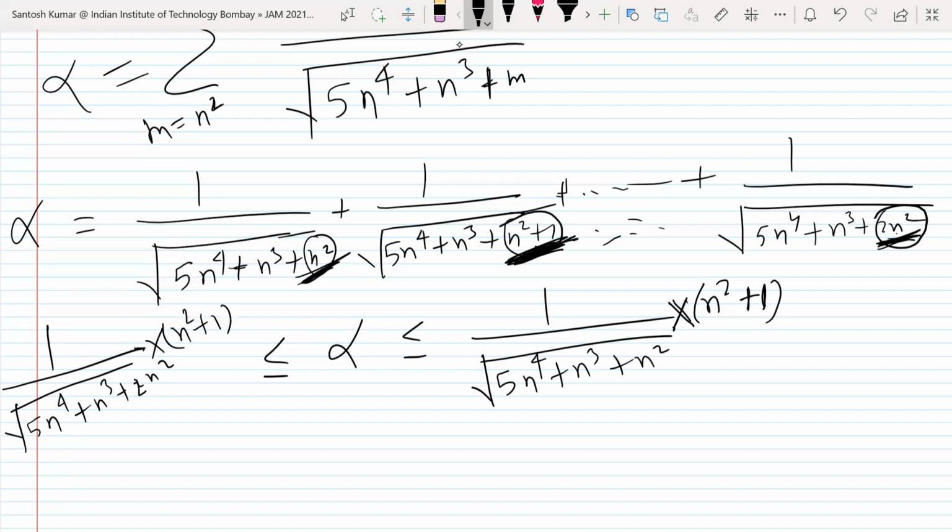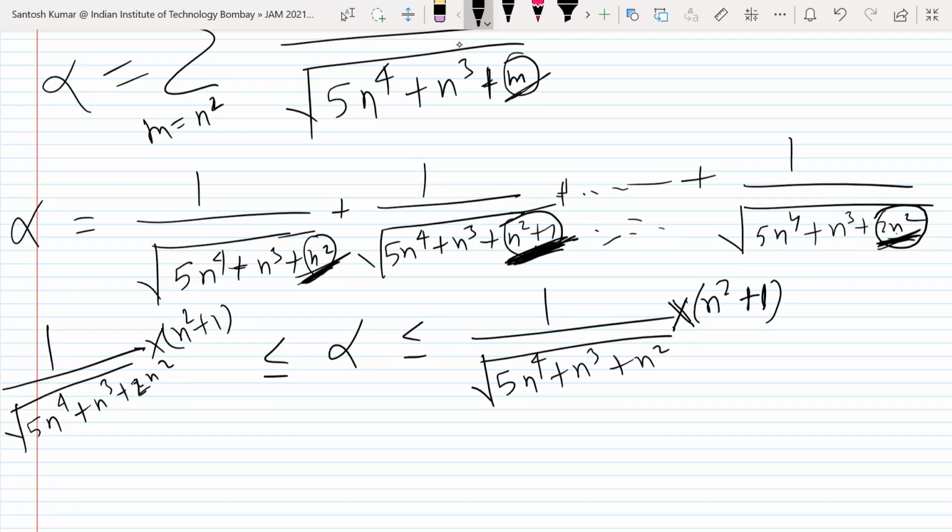So what I did: in all the terms, once we replace with the minimum value n^2, the value got increased than alpha. Again, in all the terms we replace with 2n^2, then the value got decreased because we have replaced the maximum value in the denominator, so the fraction decreased.